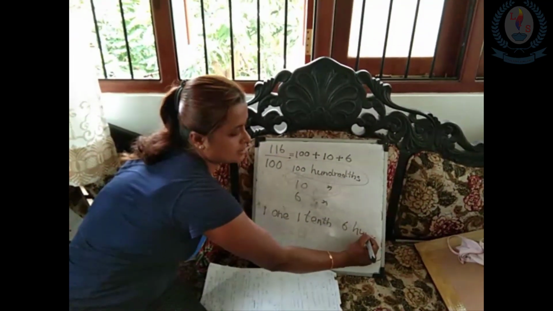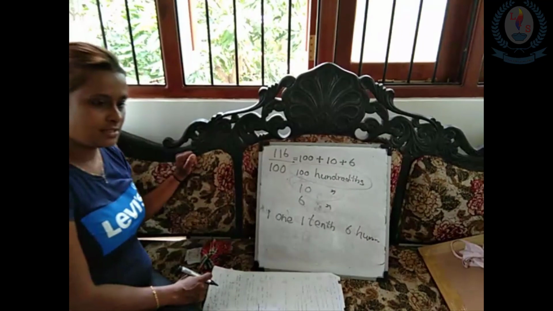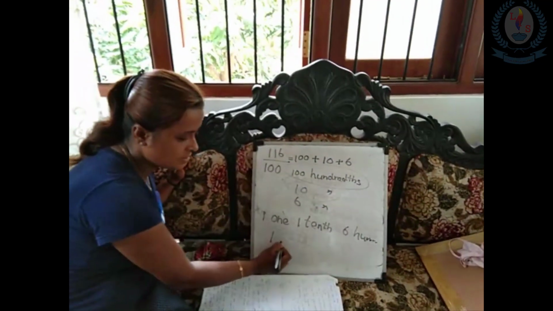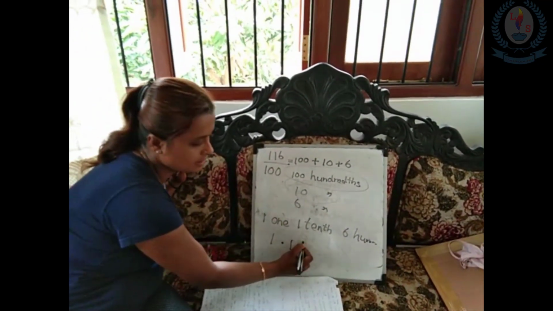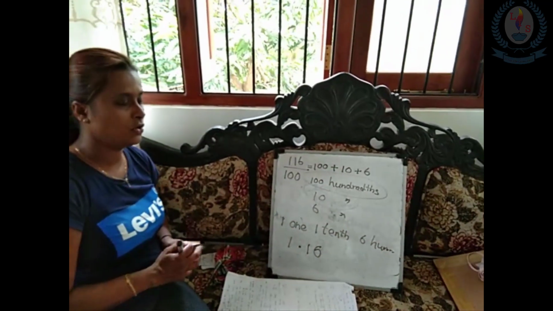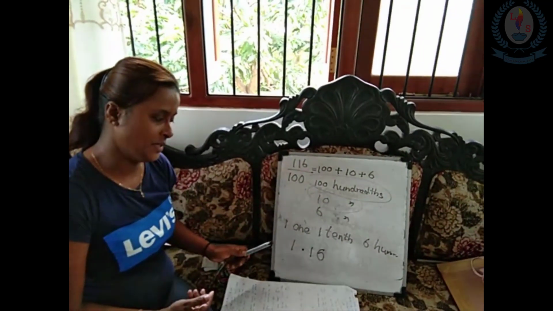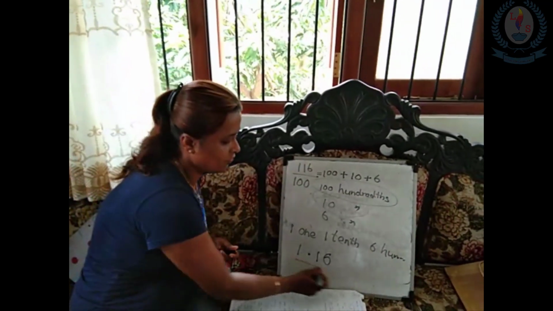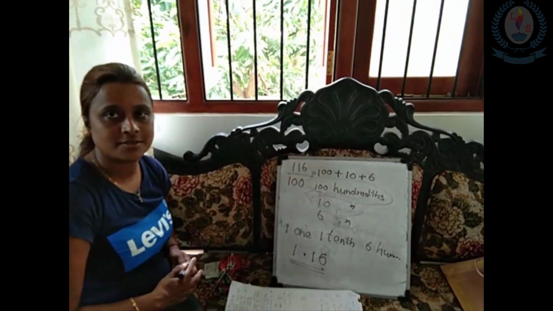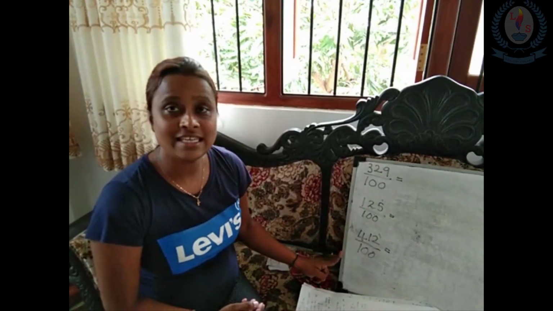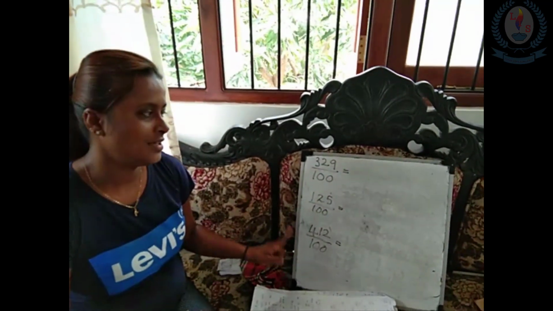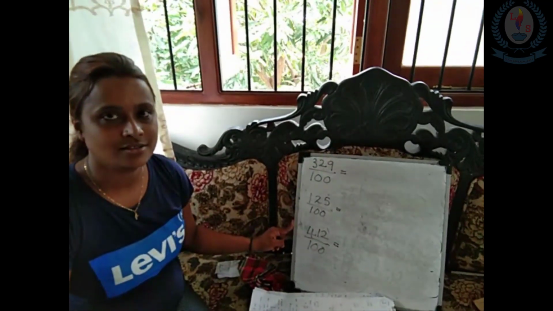And 6 hundredths. Now let's write this: 1 one, 1 tenth, 6 hundredths. So when we write 116 hundredths as a decimal, we will get 1.16. Now write these 3 activities, and I think you can do this alone now.